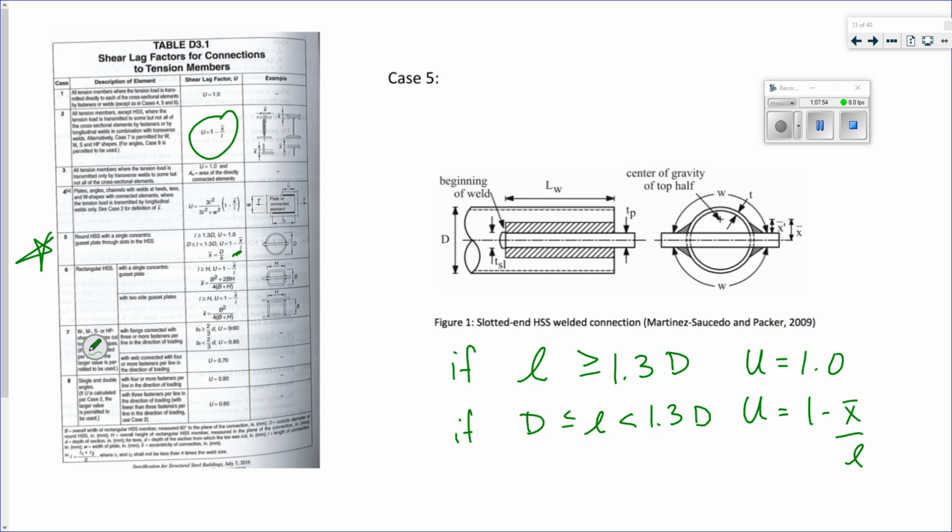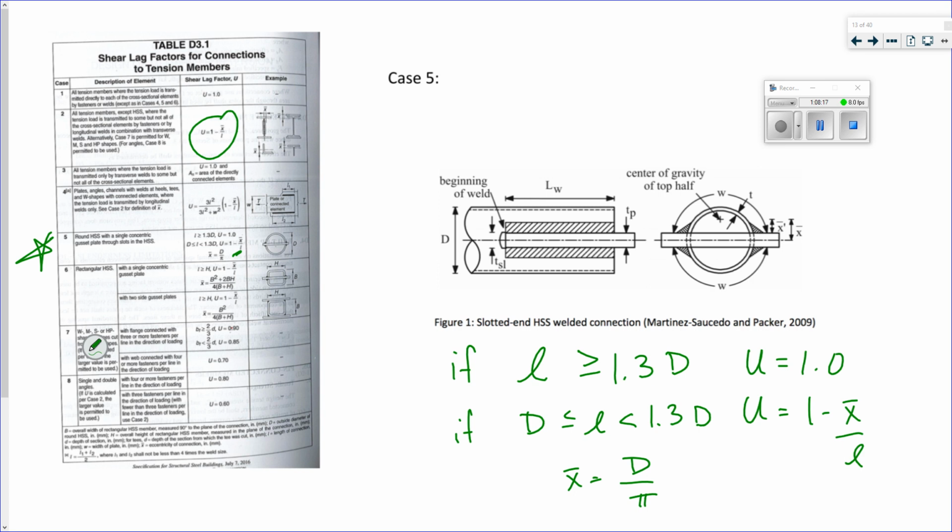And it tells you how to calculate that eccentricity, that x bar. X bar is d over pi. So what do you notice?